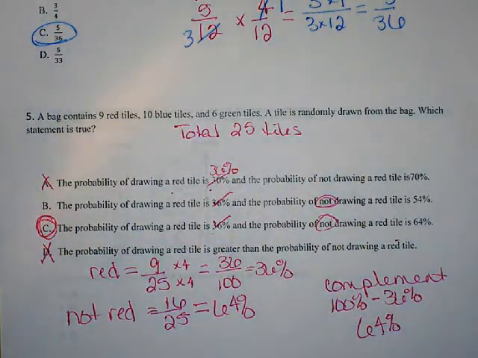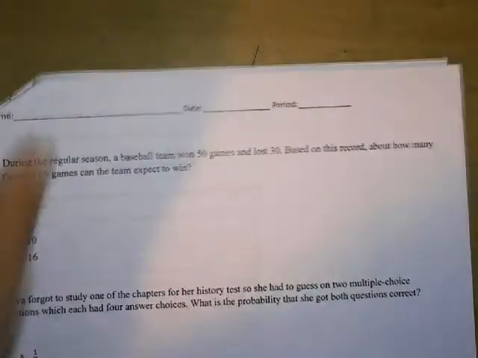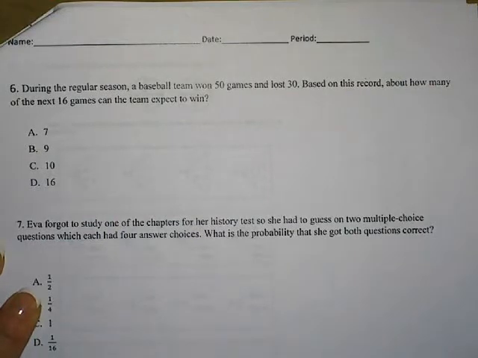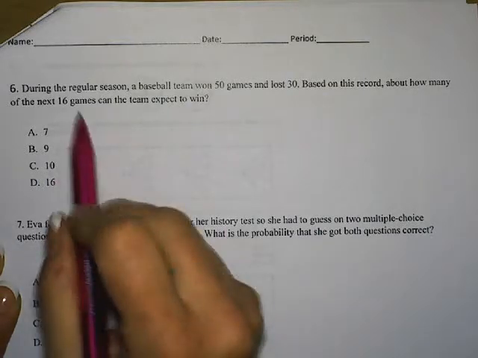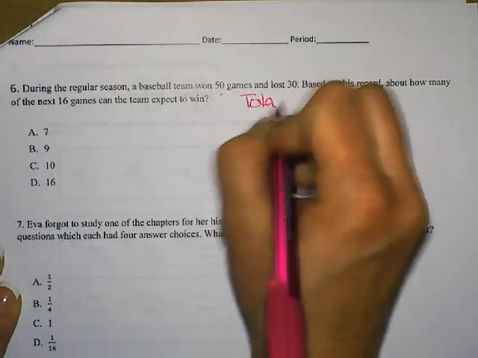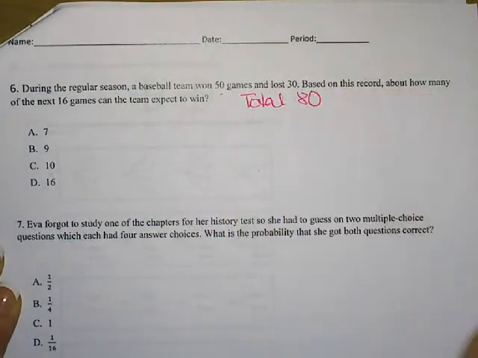Let's take a look at number 6. During the regular season, a baseball team won 50 games and lost 30. Based on this record, how many of the next 16 games can the team expect to win? Now again, I need to know total games. If they won 50 and they lost 30, it sounds like they played a total of 80 games.